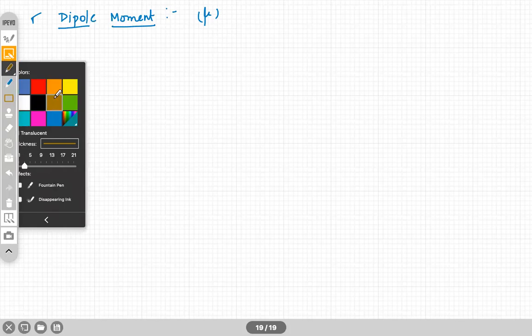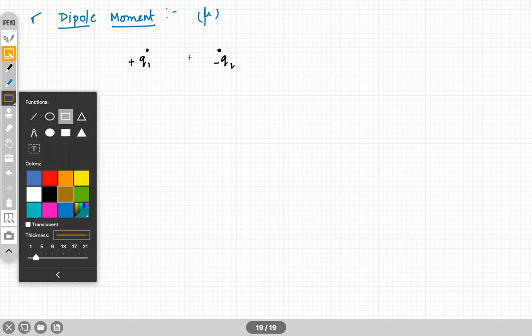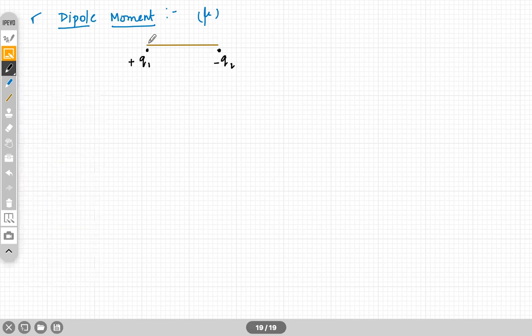If you see, we have two charges present at a very small distance, q1, q2, a positive and a negative charge, at a distance d.